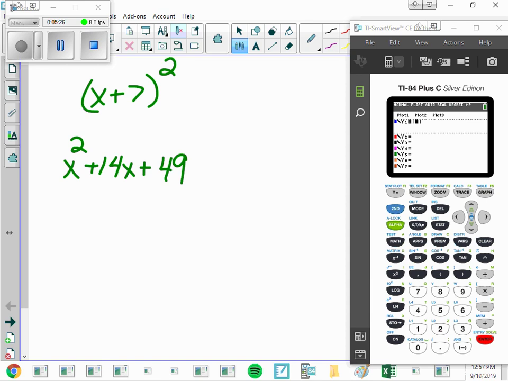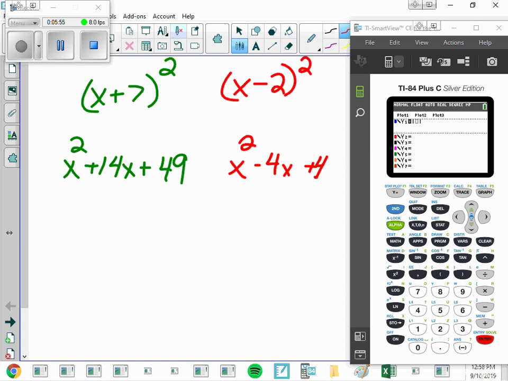Okay. What if we did x minus 2 squared? What will that be? X squared and 4. That's the easy part. Now, the hard part is negative 2 times x times 2.